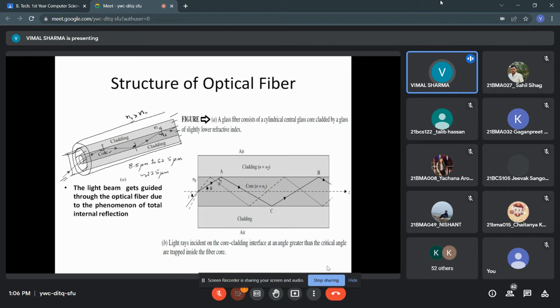And why do we do this doping? This is done to have a change in refractive index, and we want that small change in refractive index. Their relative refractive index change we will see in today's lecture, and the importance of that.